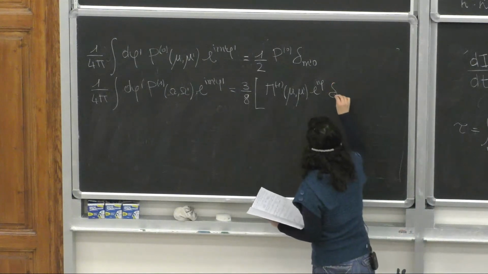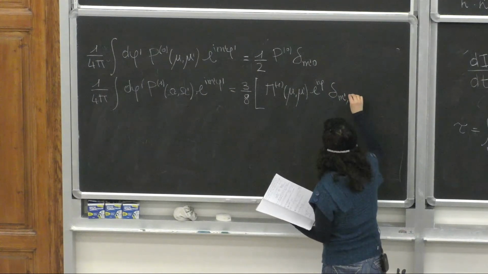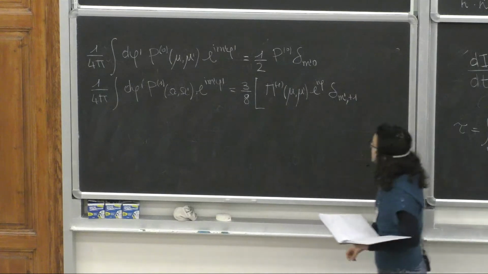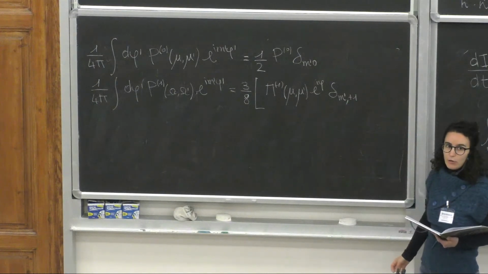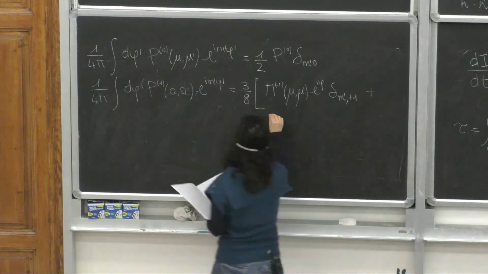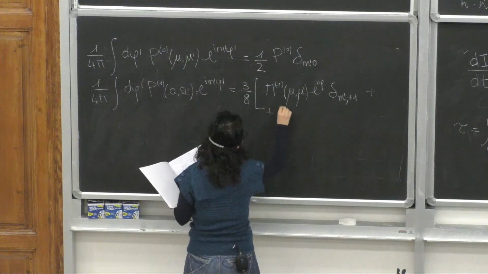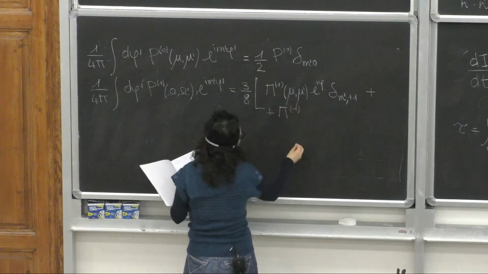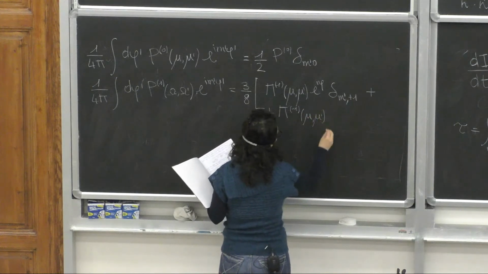And here, we only have something that remains if the m prime that we are integrating over is equal to 1, plus something similar to this that applies to -1. So we will have a similar matrix, pi -1, which only depends on mu and mu prime.